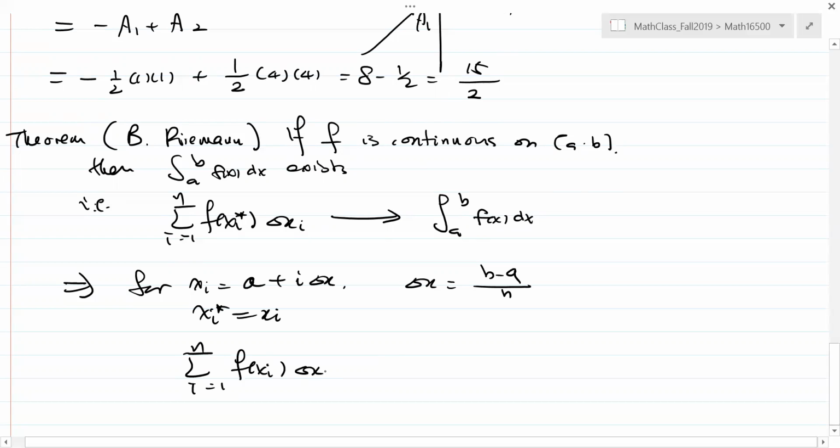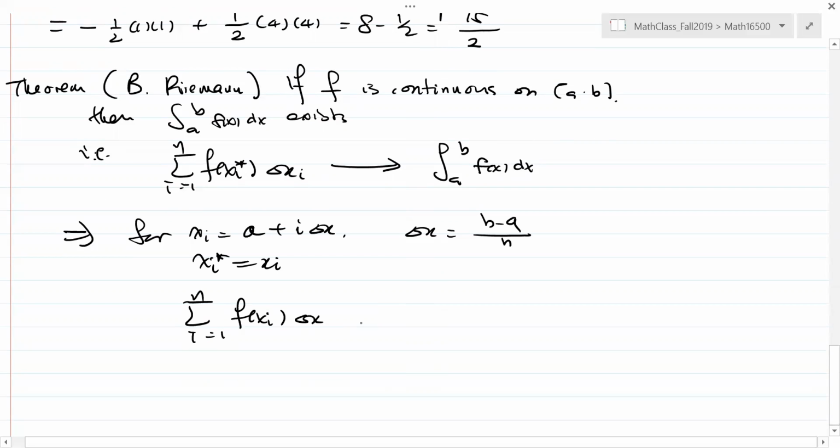The special Riemann sum, of course, approaches this integral as delta x approaches 0.